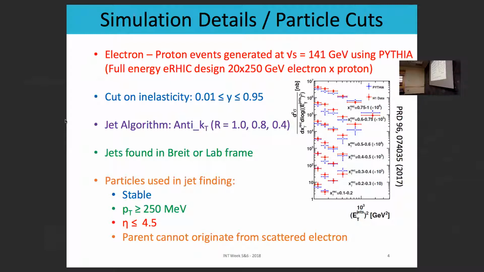Cut on inelasticity, we'll be using for jet finding the anti-kT algorithm with a couple different radii that we'll be comparing. Jet finding is done either in the Breit or the lab frame, depending on the Q-squared range we're looking at. And basically we build up the jets from all stable particles with pTs greater than 250 MeV in the nominal acceptance of an expected EIC detector.